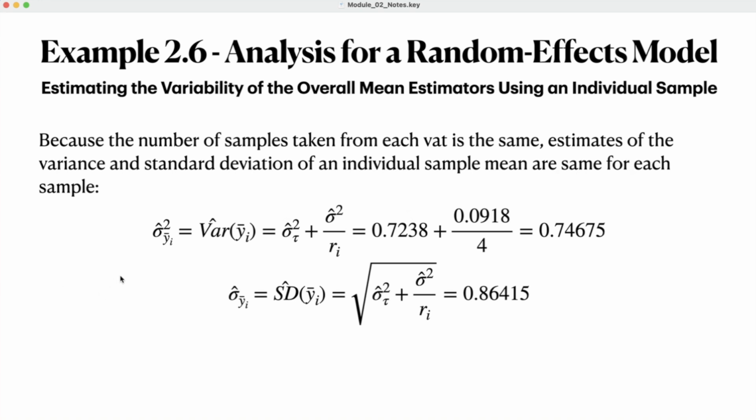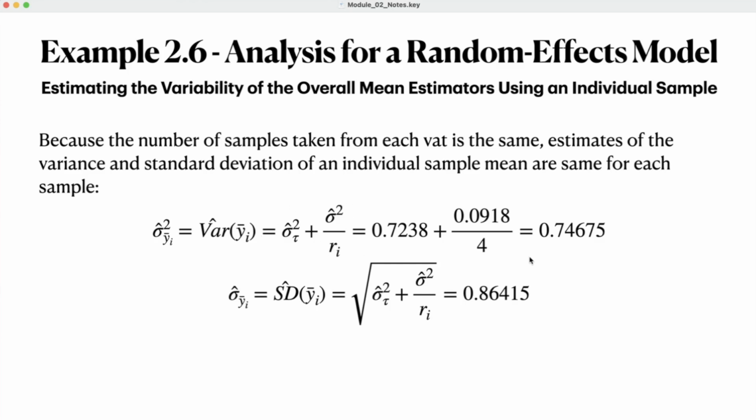Now, the estimated variance of a sample mean, which is again denoted by each of these pieces of notation here, is given by sigma hat squared sub tau plus sigma hat squared over r sub I, which we just computed on the previous slide.